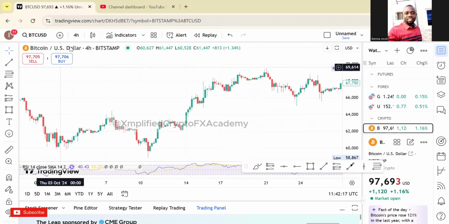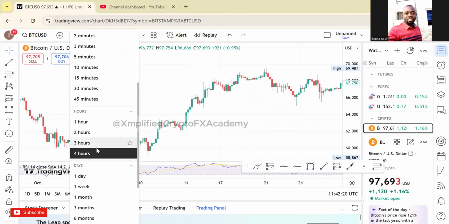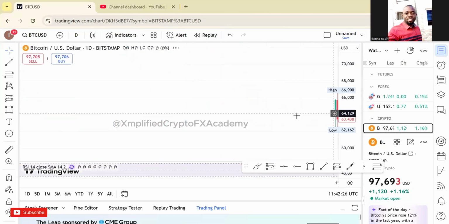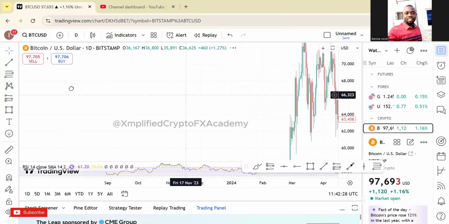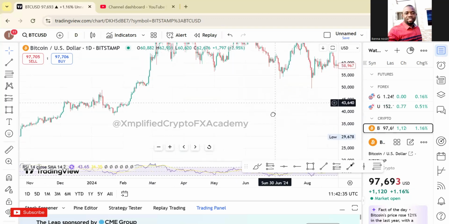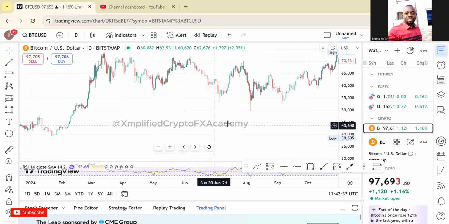Let's check the daily time frame. If you're the type of person who stays long in the markets, you can use the daily time frame, so let's use the dailies to do our analysis right now.